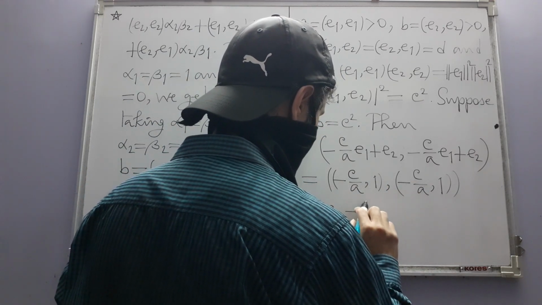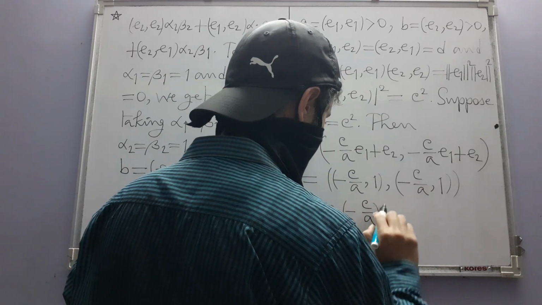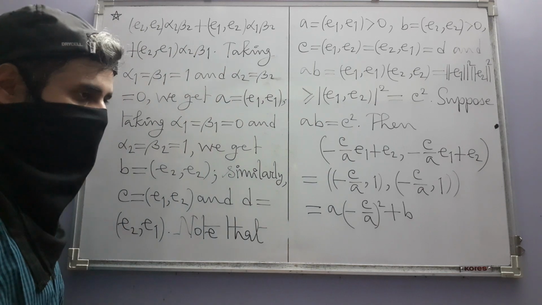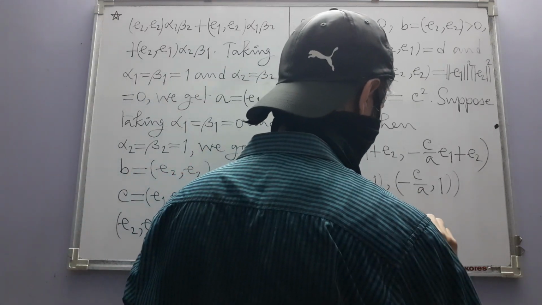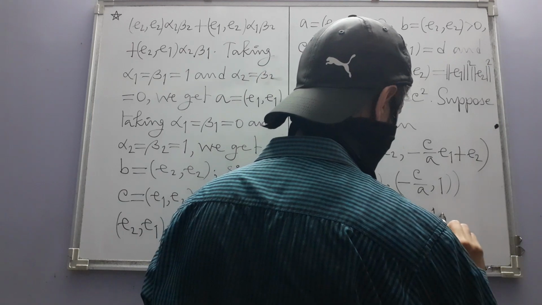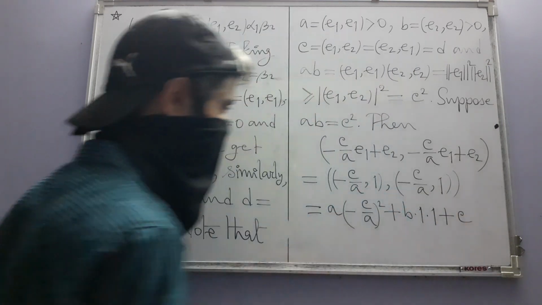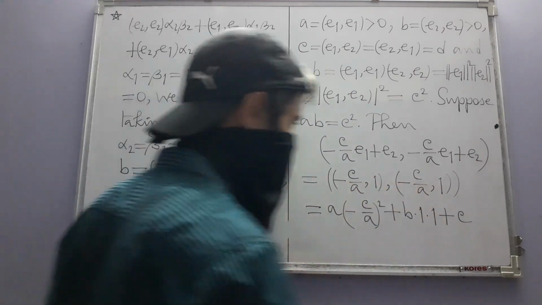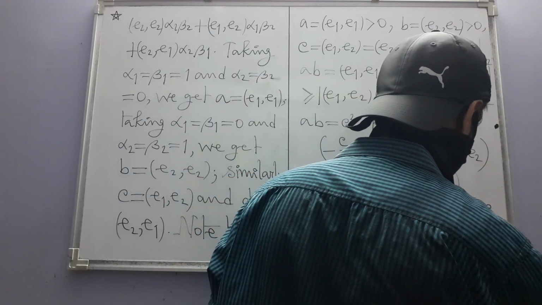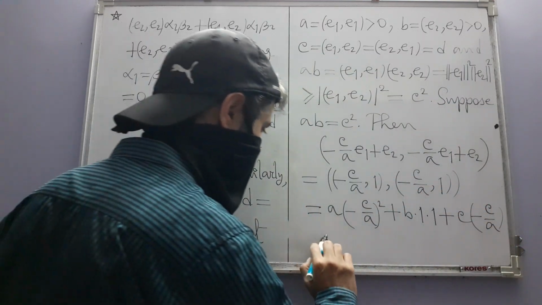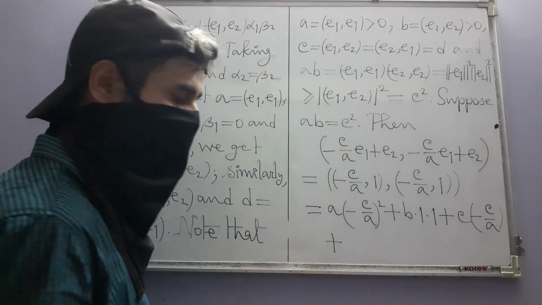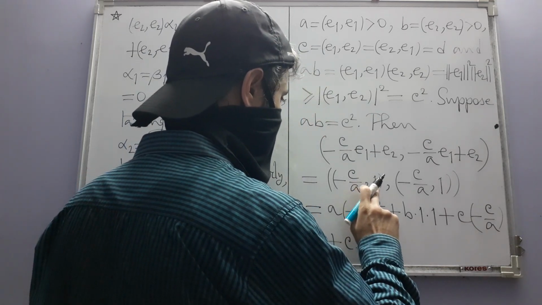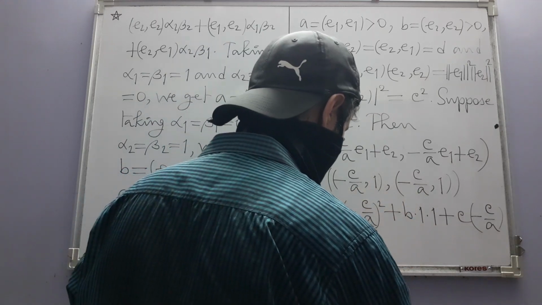That means this plus b times alpha 2 beta 2, both of which are 1, plus c times alpha 1 beta 2, that is this one times this one, that means minus c over a, plus, because d is again c, times alpha 2 beta 1, again same thing.